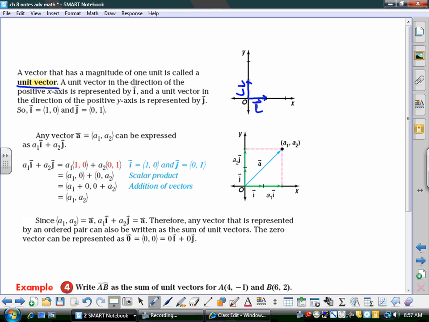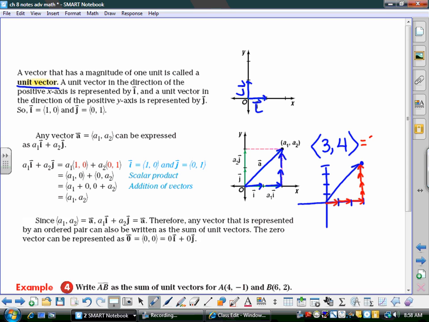What they're saying is if you have any vector at all, you can always rewrite it as the sum of unit vectors. You can write it as plus however many i's you need, and then plus however many j's you need. It's kind of a silly thing. Engineers use it a lot. But what they're saying is a vector 3, 4, instead of writing it as 3, 4, which is this vector, you could rewrite it as 3 i's plus 4 j's.